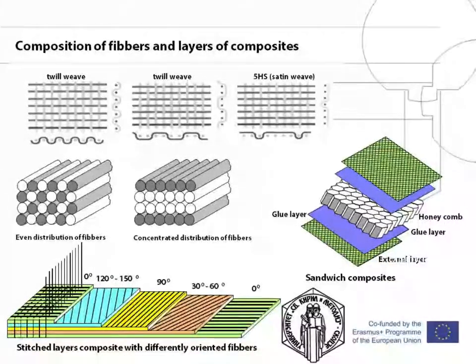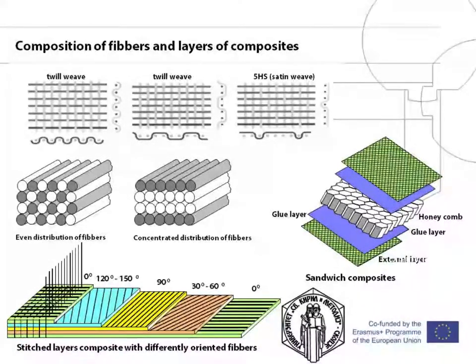For example, a composite which has all the fibers aligned in one direction is stiff and strong in that direction, but in the transverse direction it will have a lower modulus and low strength. Also, the fiber volume fraction heavily depends on the method of manufacture.